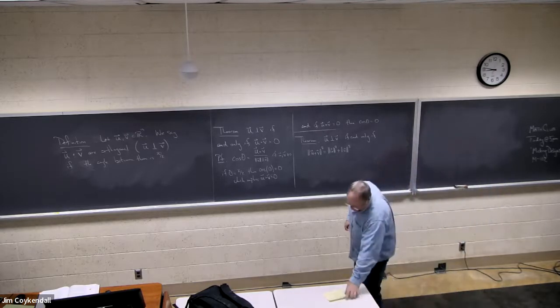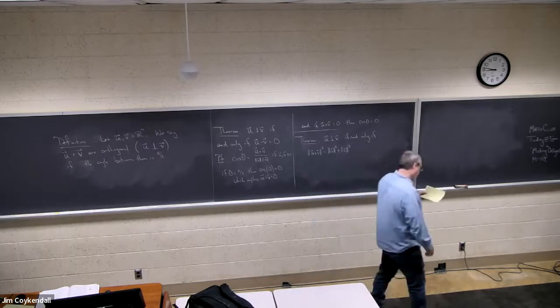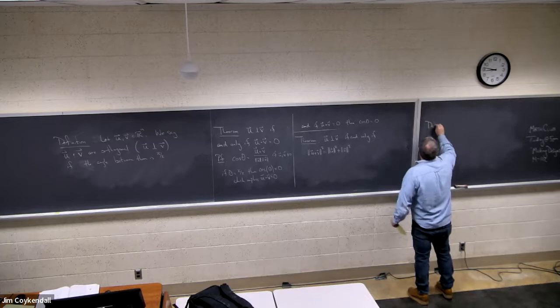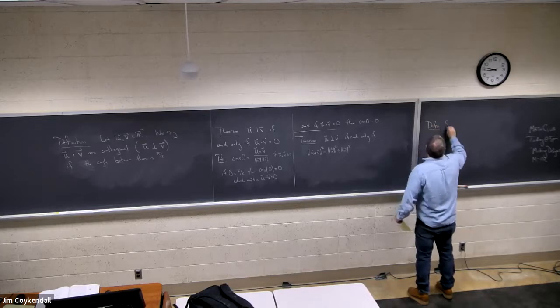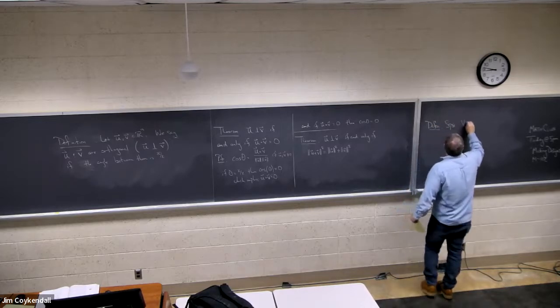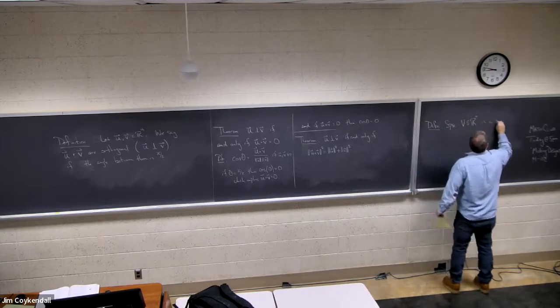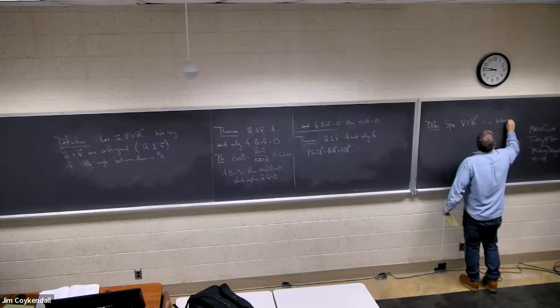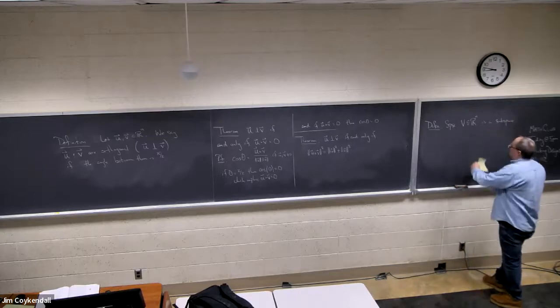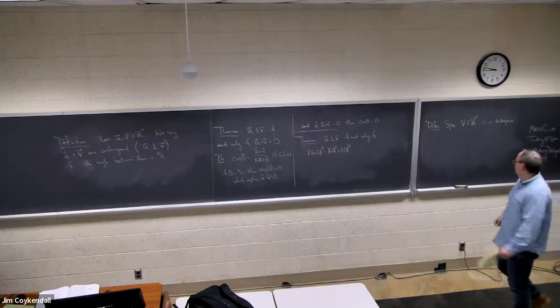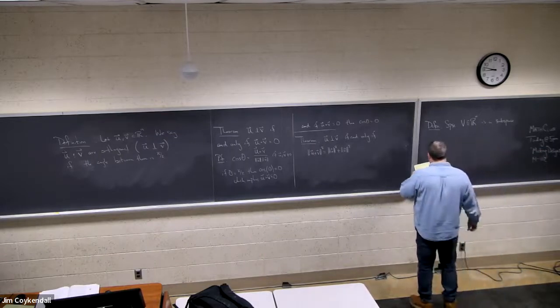Let me finish up with just a couple of things. I'm going to give you a definition first. Suppose V inside Rn is a subspace. So I've got Rn and I've got some subspace, like maybe the column space for a matrix.